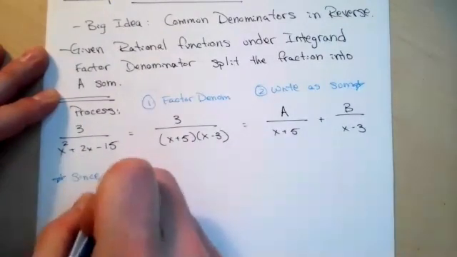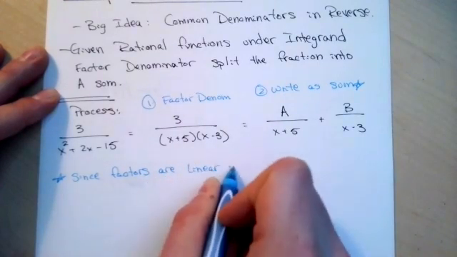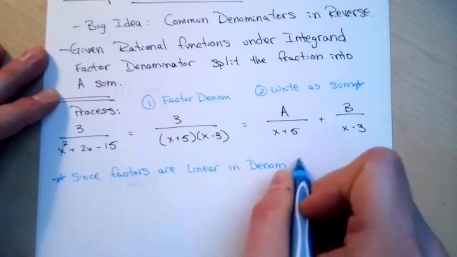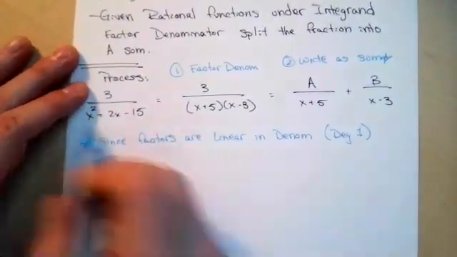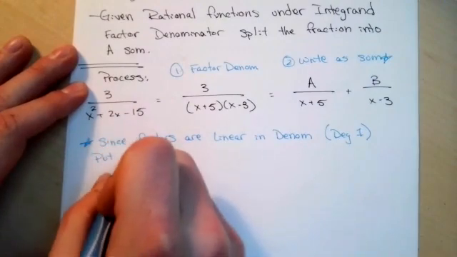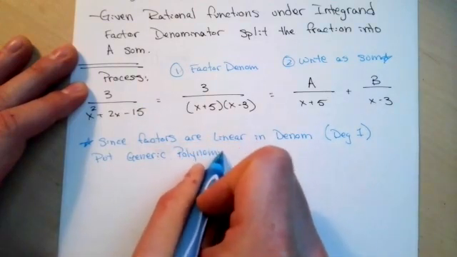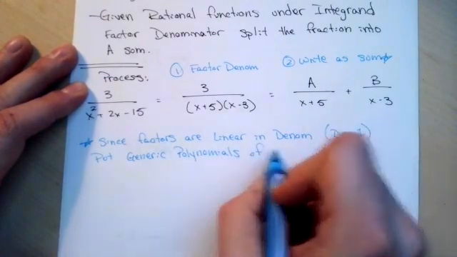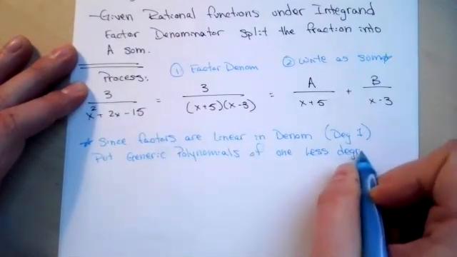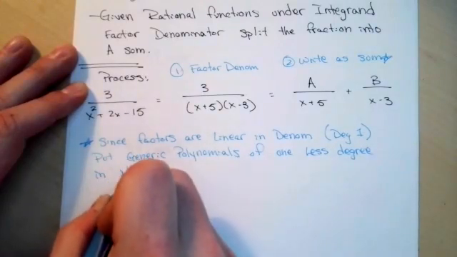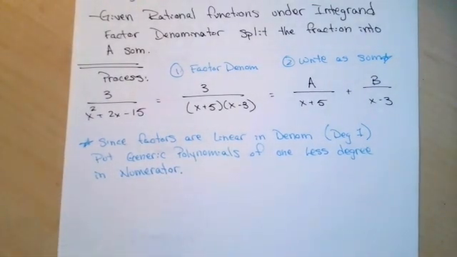So since the factors are linear in the denominator, right, degree 1, we want to put generic polynomials of one less degree in the numerator. And we'll try to get to some examples like that.